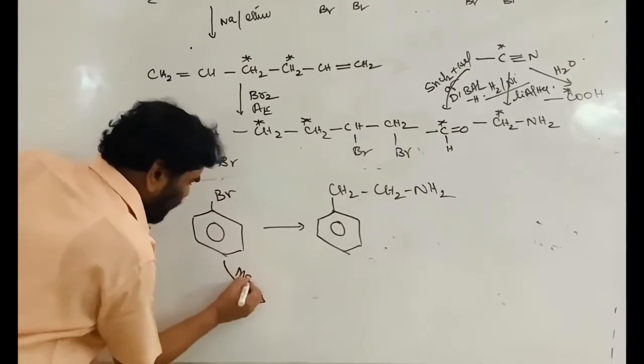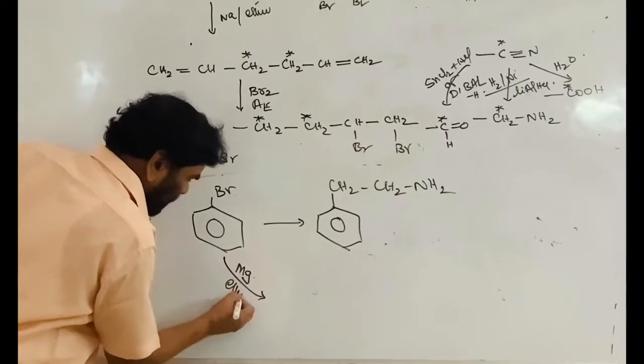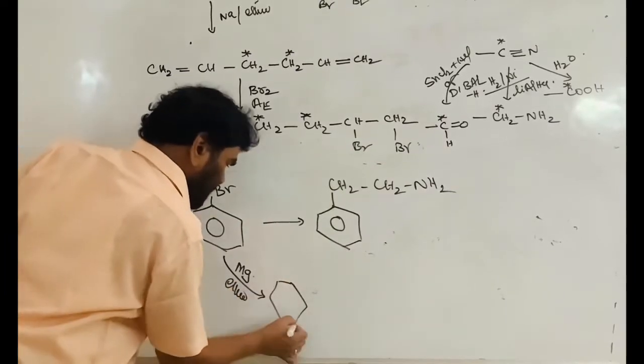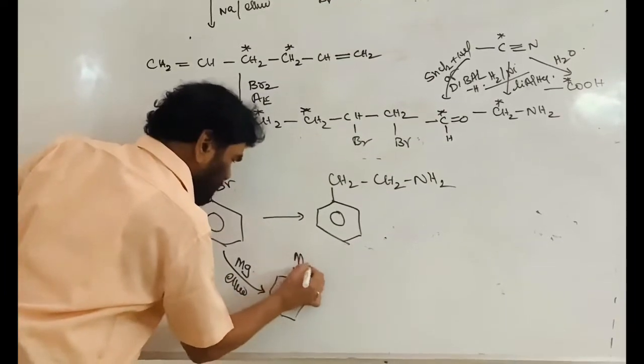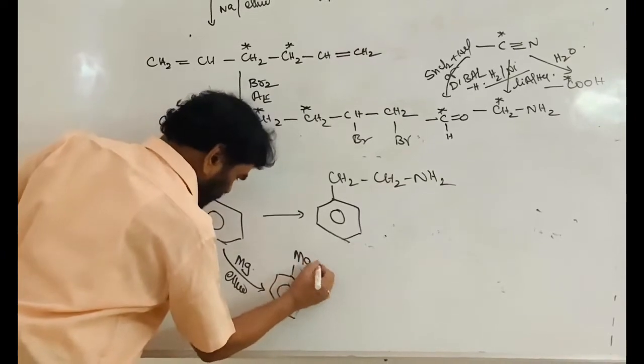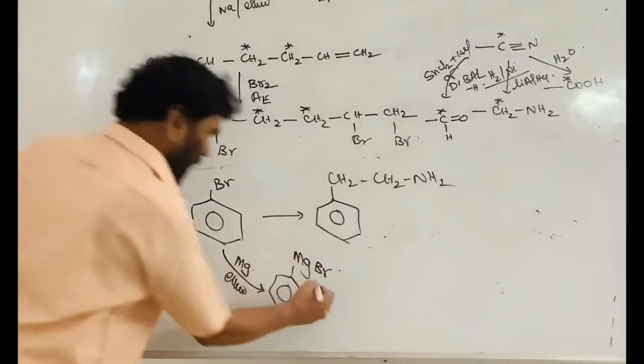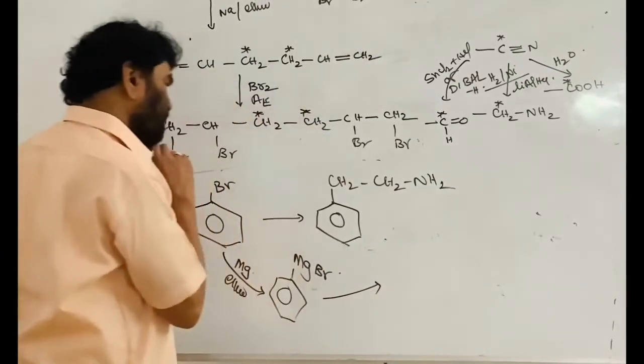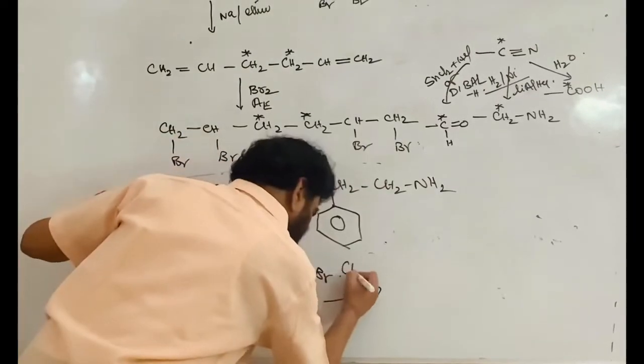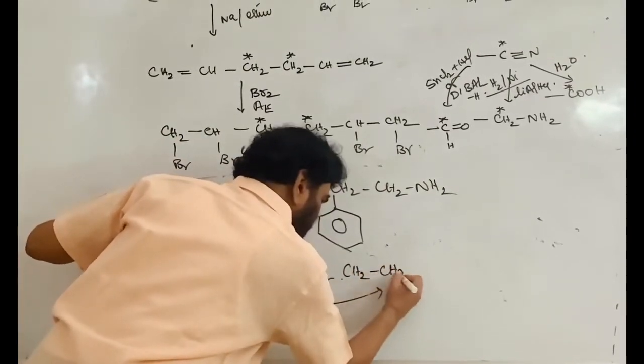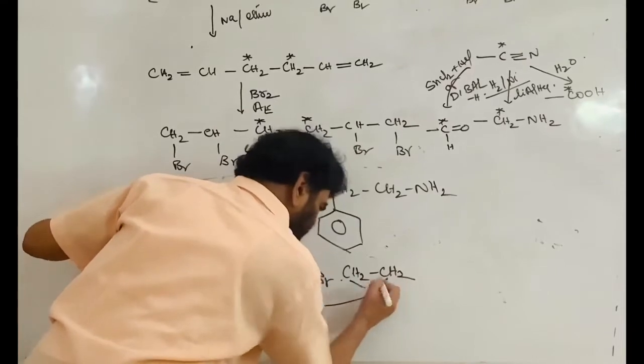Treat with magnesium in ether. Let us move through the Grignard route, MgBr, and treat with ethylene oxide, oxirane.